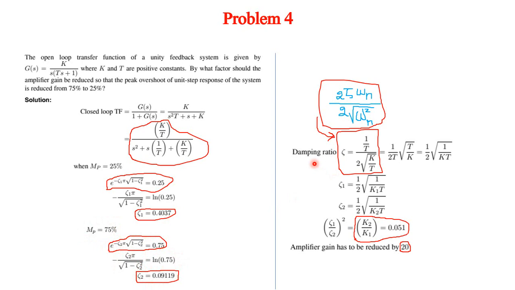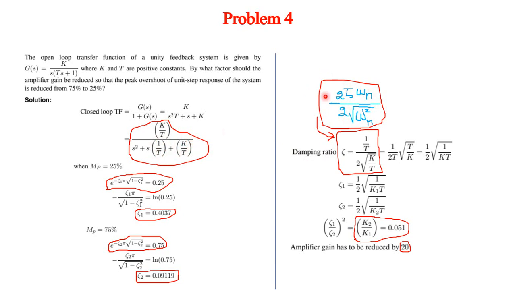Now, what is the damping ratio? Damping ratio is 2 zeta omega n divided by 2 into the root of omega n square, because this is 2 zeta omega n and this is omega n square.